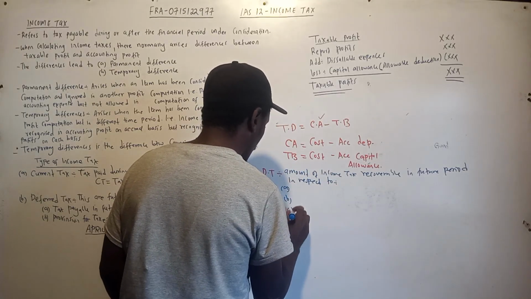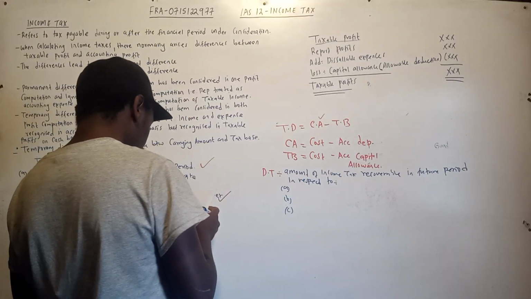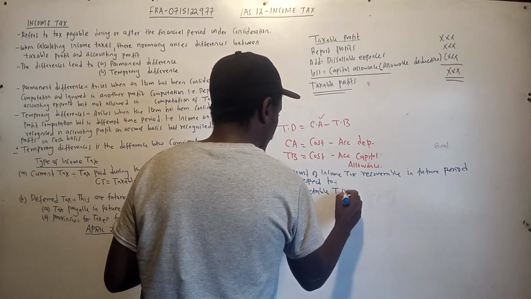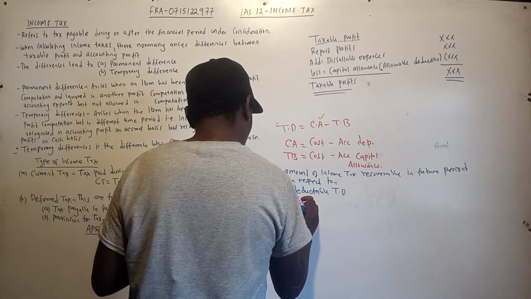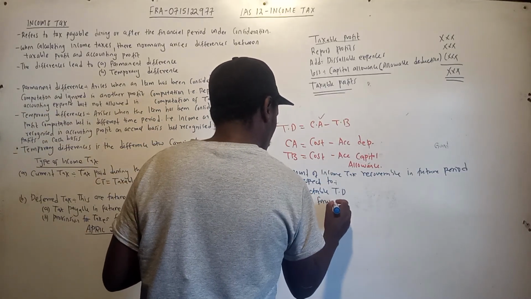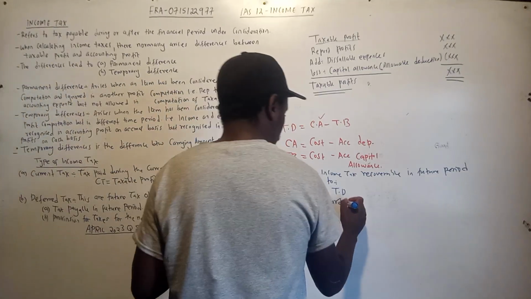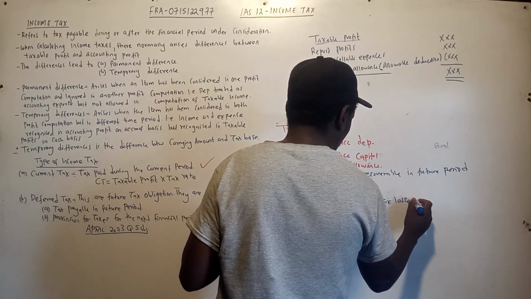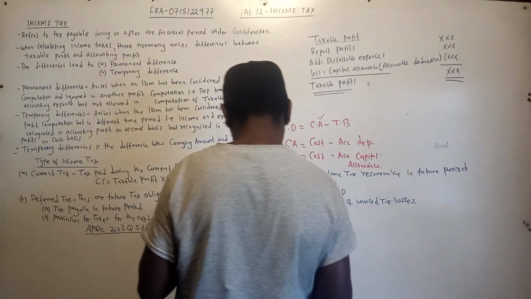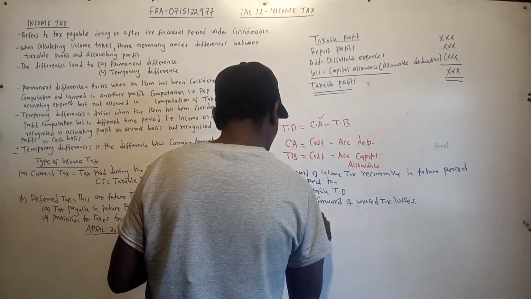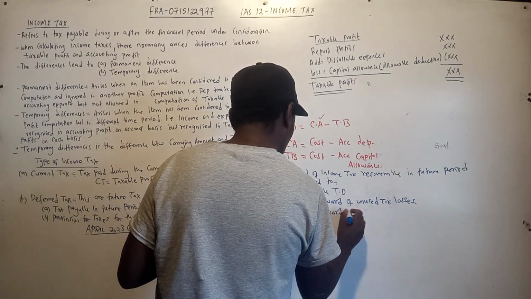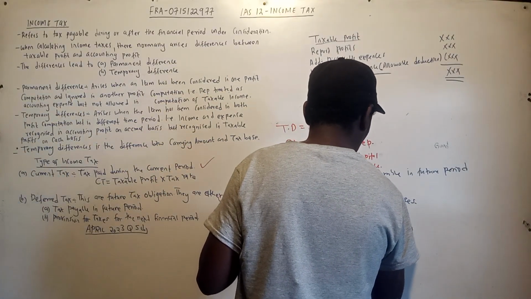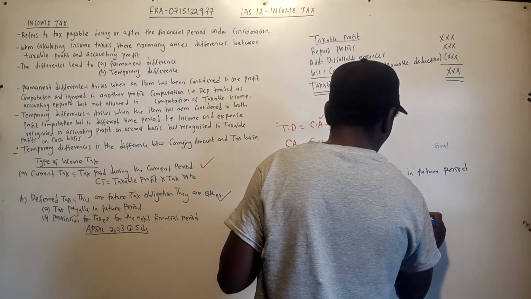So we have 3 items. In respect to the following items: number 1, deductible temporary difference; then carry forward of unused tax losses; and then carry forward of unused tax credits.